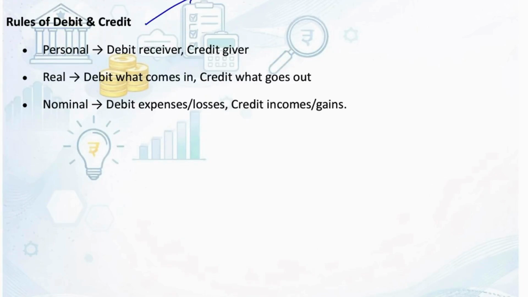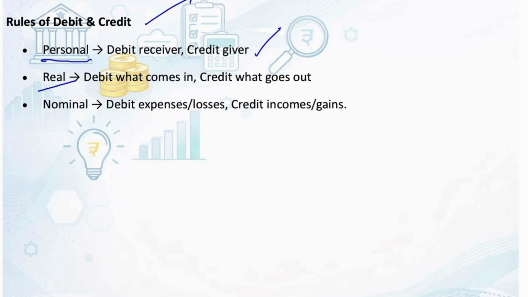Rules of debit and credit. These are called golden rules. Very important for the exam. You can expect one question from each shift. For personal accounts, we debit the receiver and credit the giver. For real accounts, debit what comes in, credit what goes out.